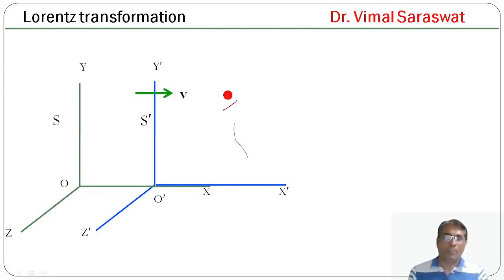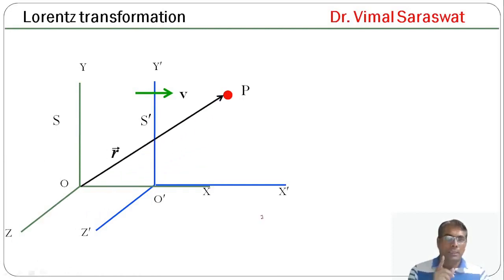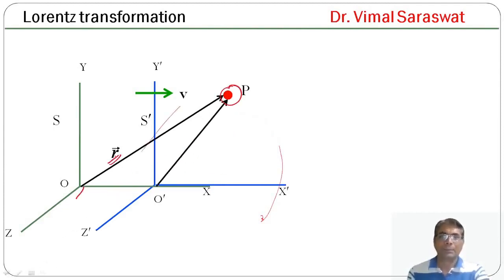Now, here we have a point. This is our point P. The position vector of this point P with respect to O is R, and the position vector of the same point with respect to O dash is R dash.